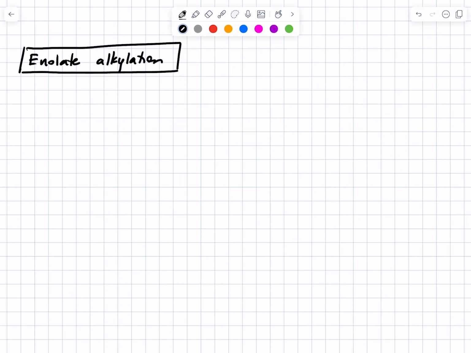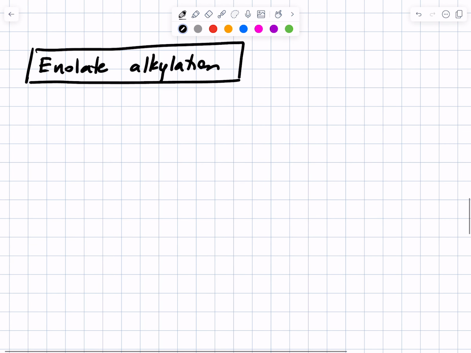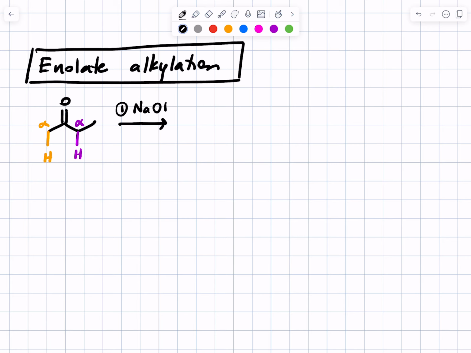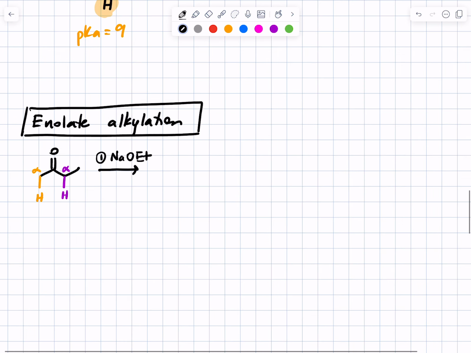So a classic example of enolate alkylation, and for now, let's just use our simple diketone that has an orange alpha proton that's less substituted, and a purple alpha proton that's more substituted. If I use sodium ethoxide, NaOEt is how we abbreviate that.